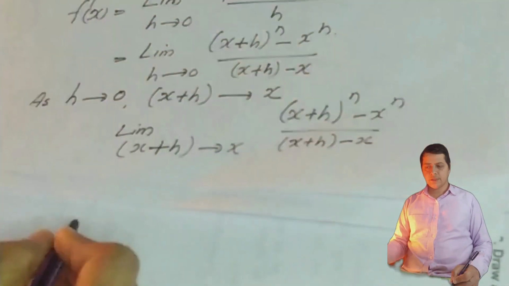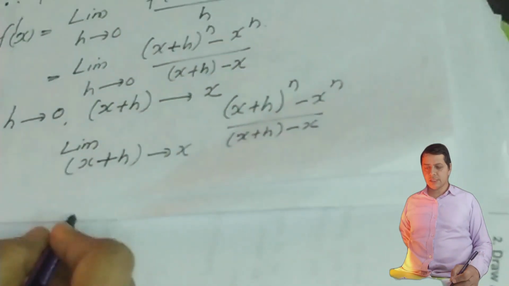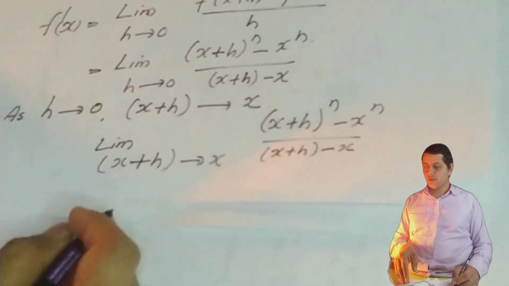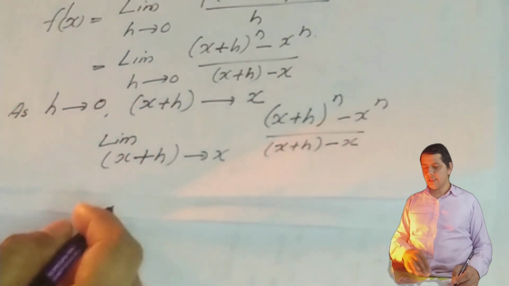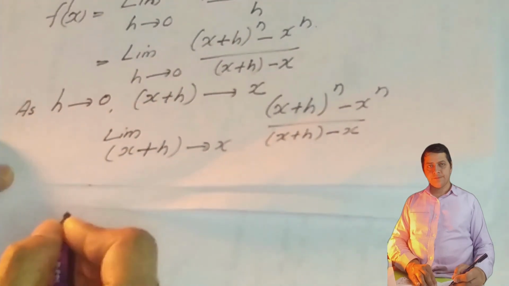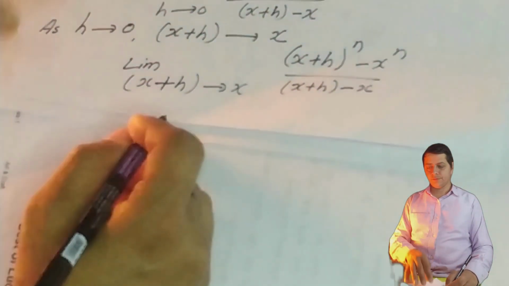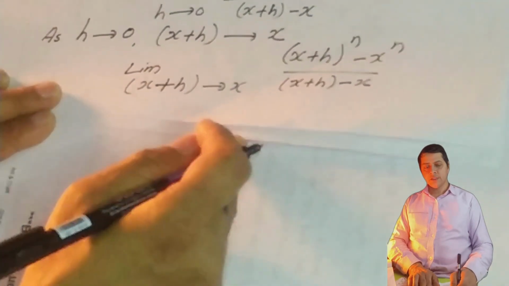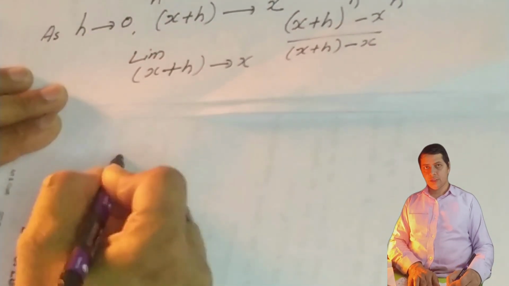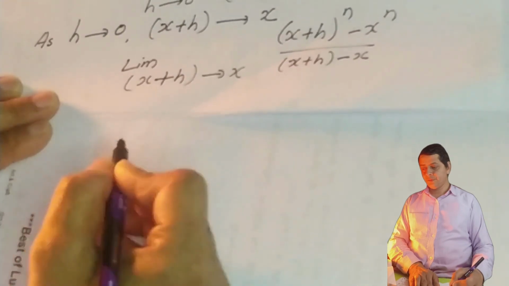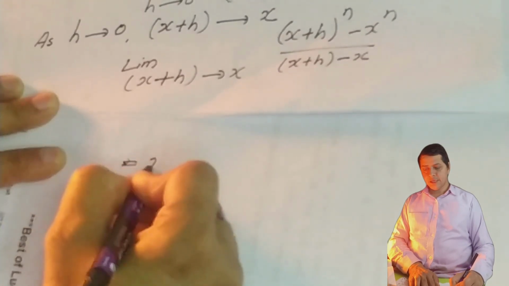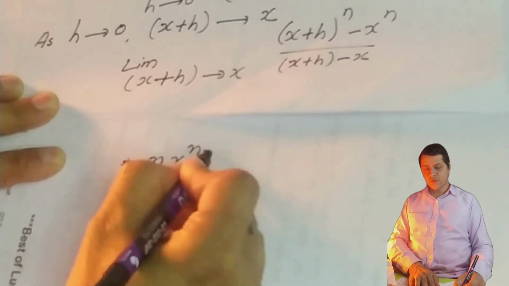What does the equation say? Now we get an equation that is n x to the power of n minus 1.